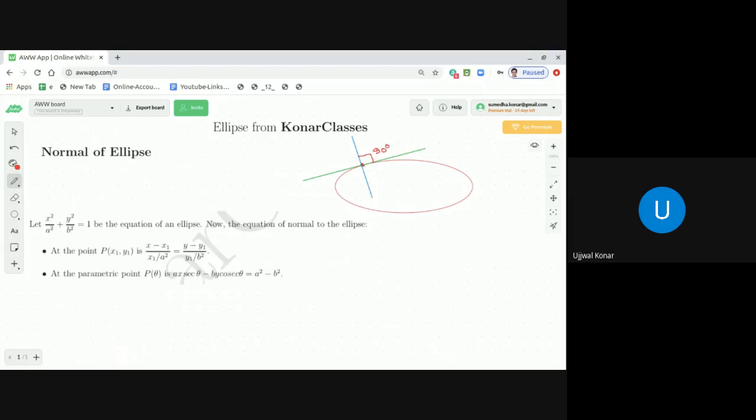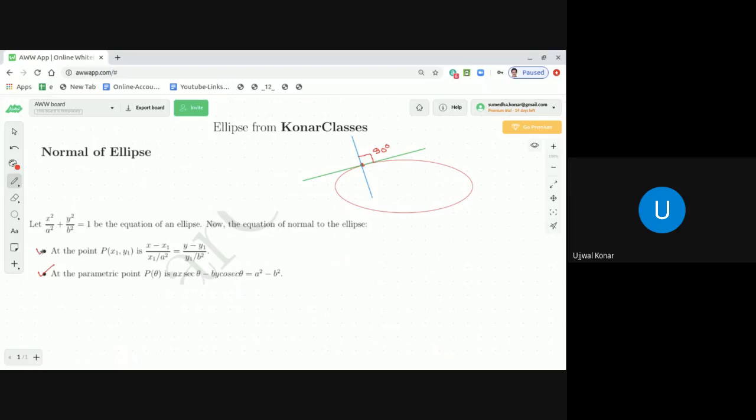So that arbitrary point has coordinate a cos theta comma b sin theta, and the equation of the normal to the ellipse at that parametric point theta, because theta is the parameter, is ax sec theta minus by cosec theta is equal to a square minus b square.